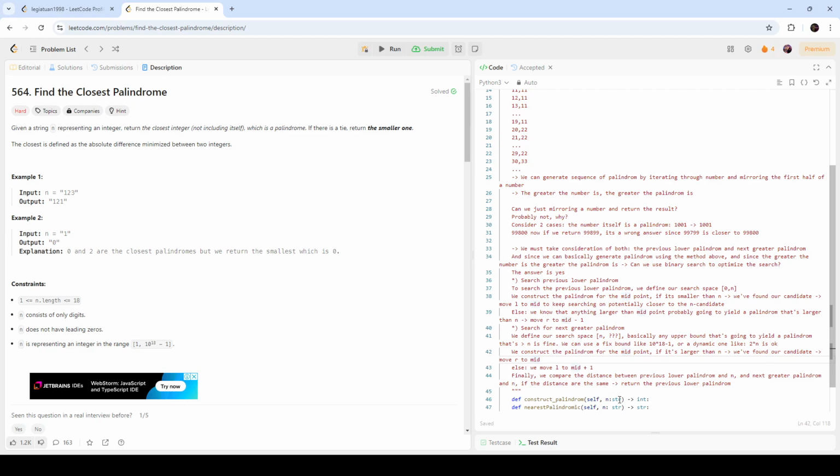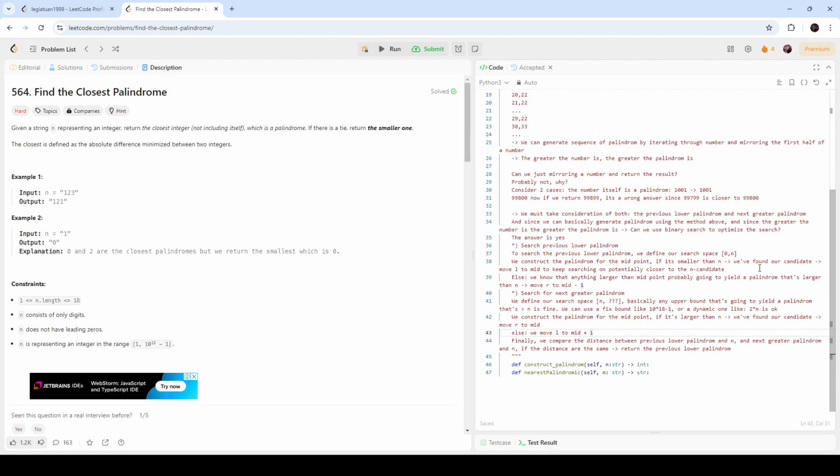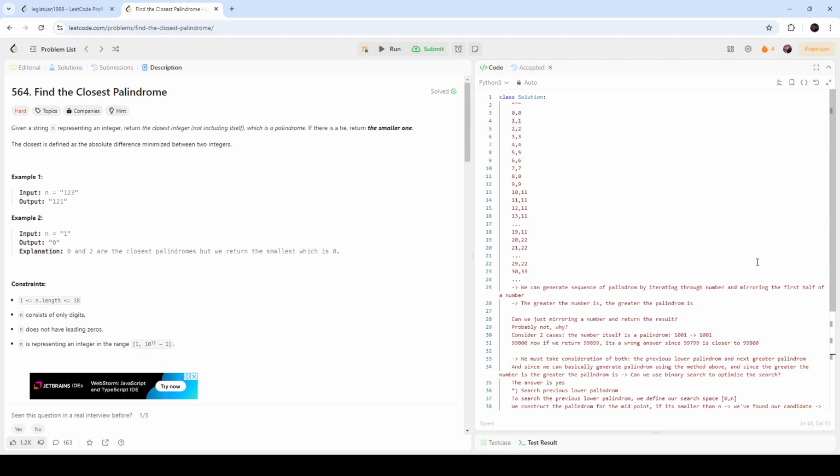And if the distances are the same, we return the previous lower palindrome. Basically that's how you are going to solve this problem.